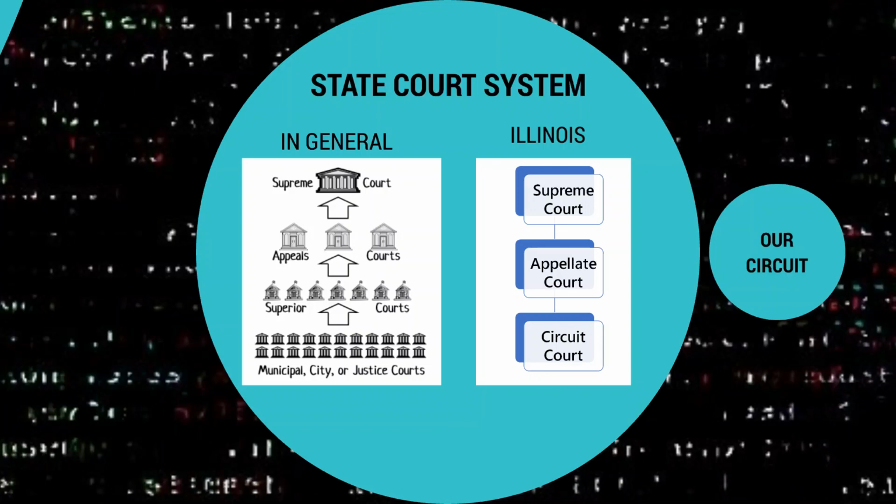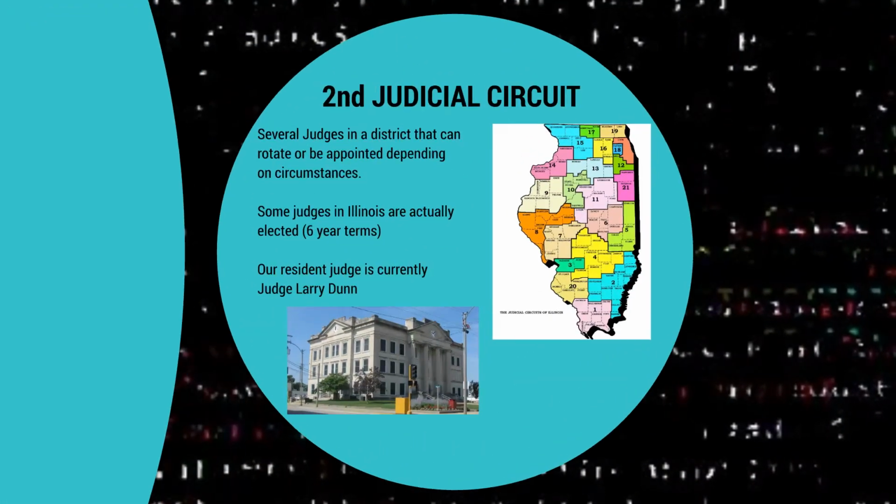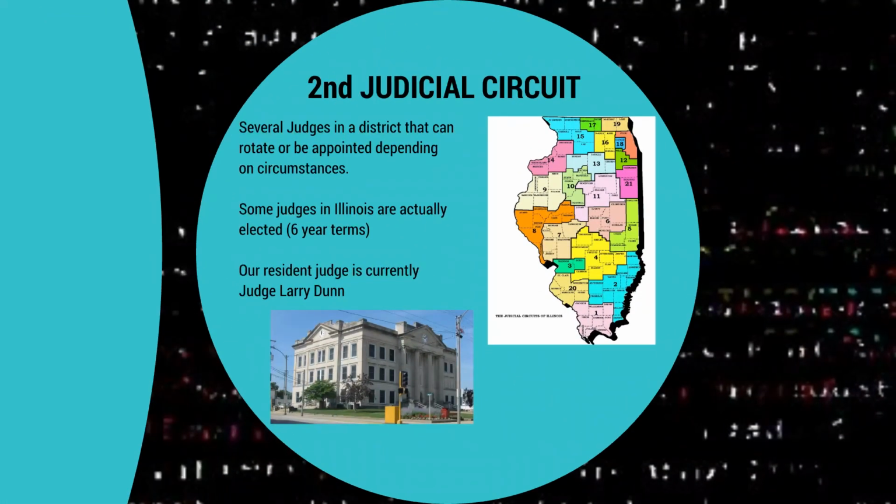Our circuit here, usually we have several judges in a district that can rotate around or be appointed depending on circumstances, whether or not they know someone or whatever else. Talk about Judge Dunn, who usually comes and speaks to us and does an awesome job when we're in the classroom.